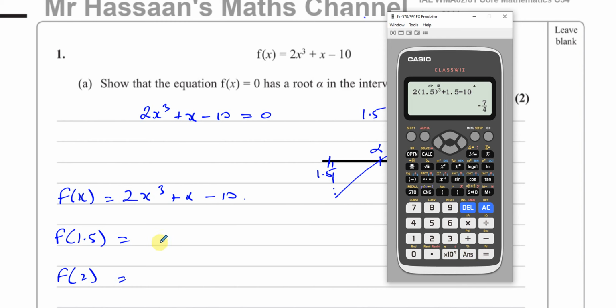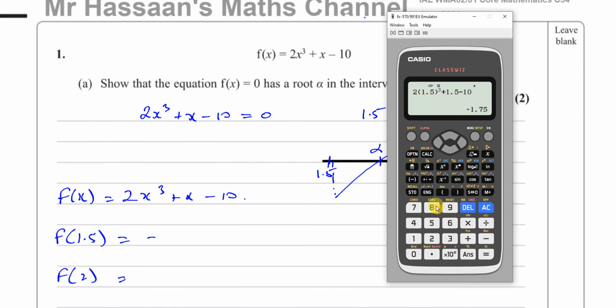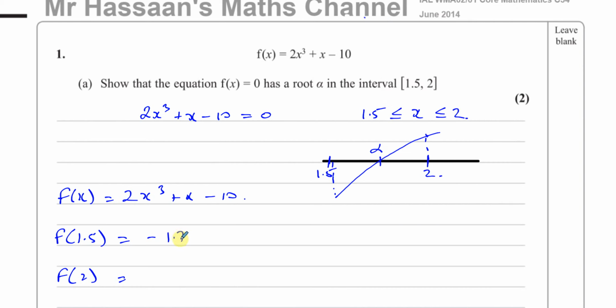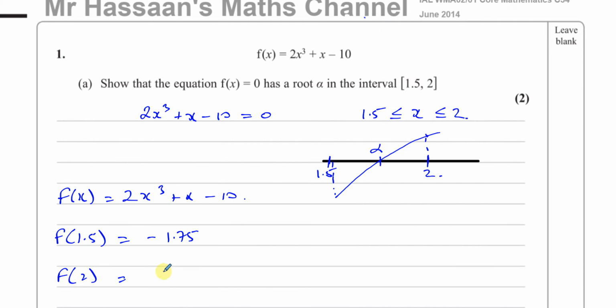That gives me negative 7 over 4, which is negative 1.75. And when I replace x with 2, I get 8. So you can see there's a change in sign.